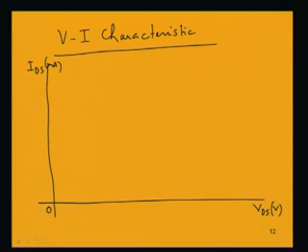So, for example, let us take the threshold voltage for this case as 2 volt. We are assuming we are dealing with a MOSFET device having a threshold voltage of 2 volt, and we will be drawing the VI characteristic with that assumption in mind. So, Vt is 2 volt.